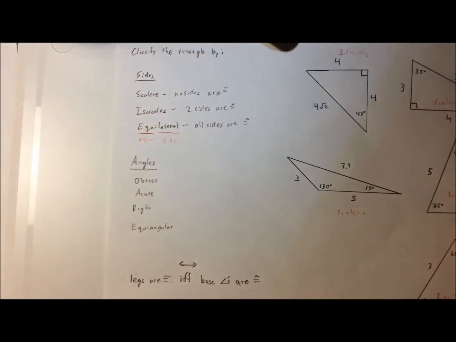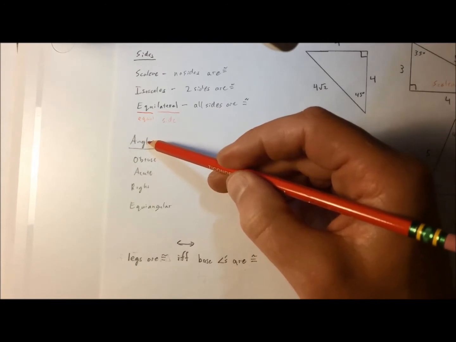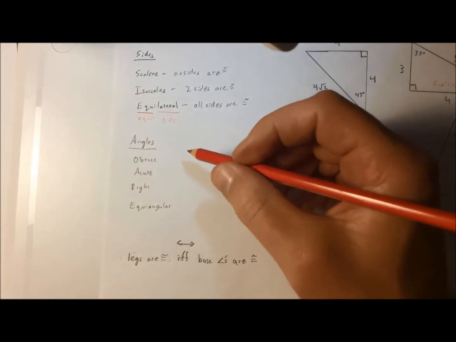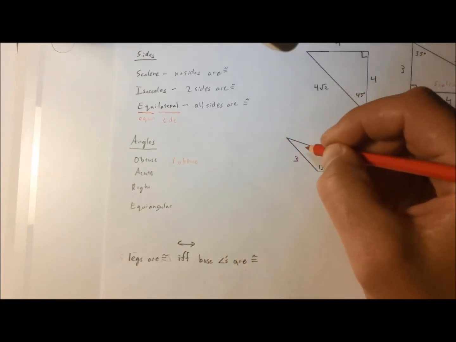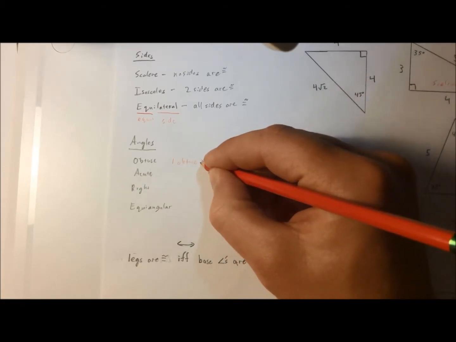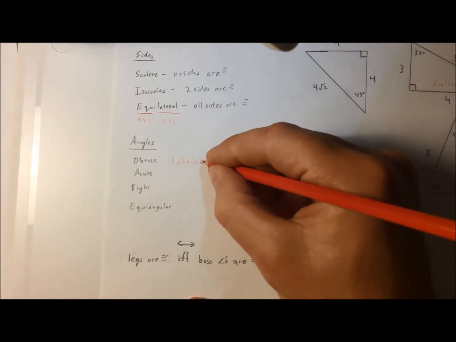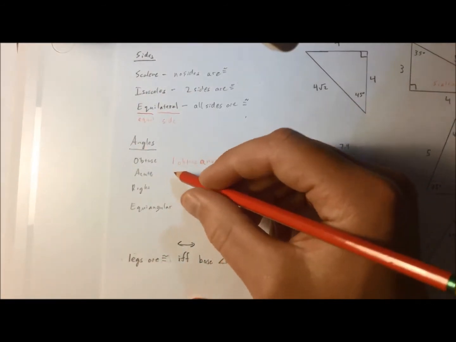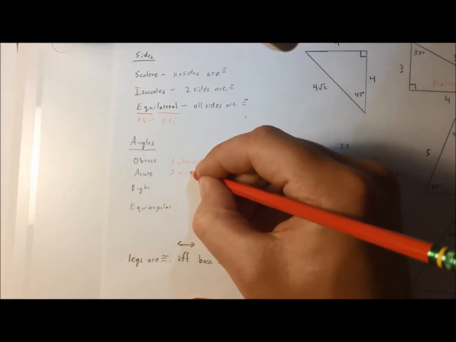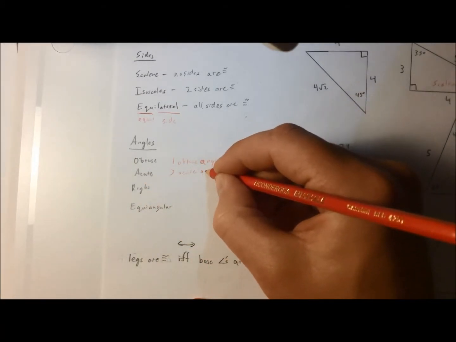All right, now let's look at how to classify a triangle by its angles. First one we have here is if it's obtuse. Obviously, if there is one obtuse angle, it is going to be an obtuse triangle. If there are three acute angles, then it's an acute triangle.